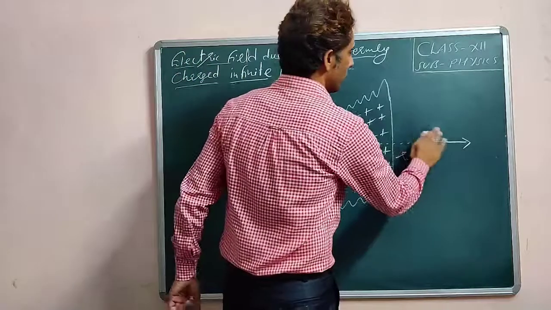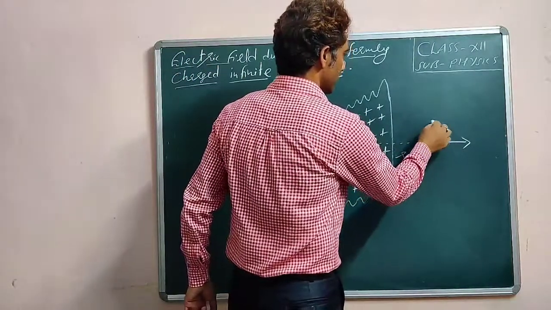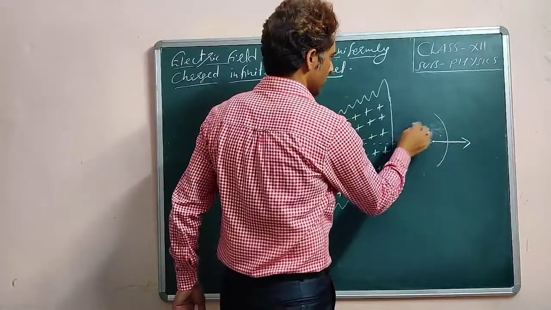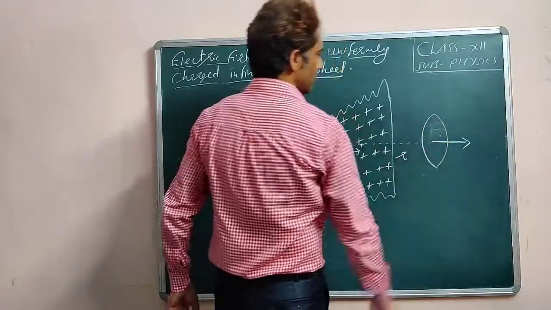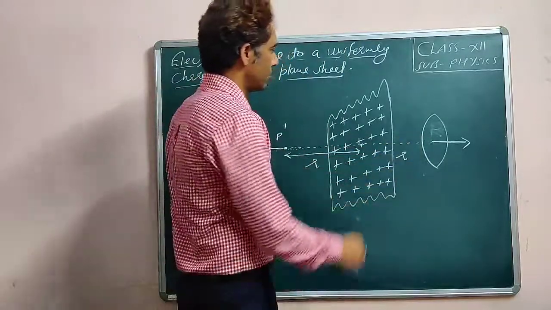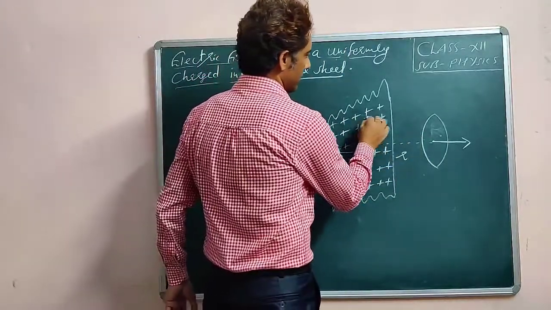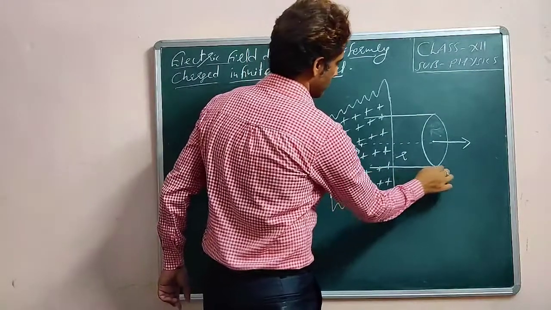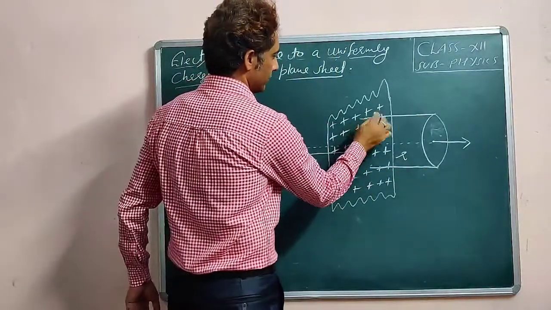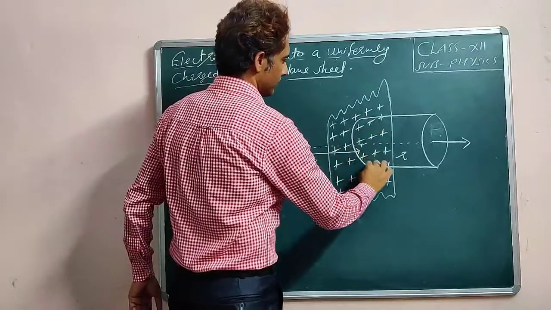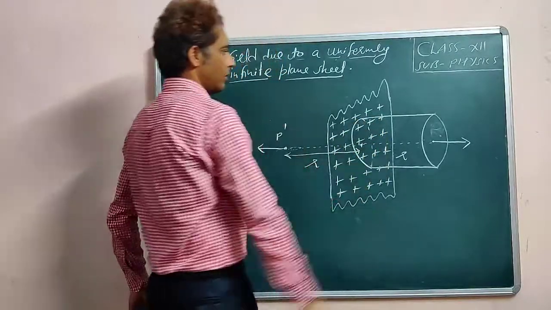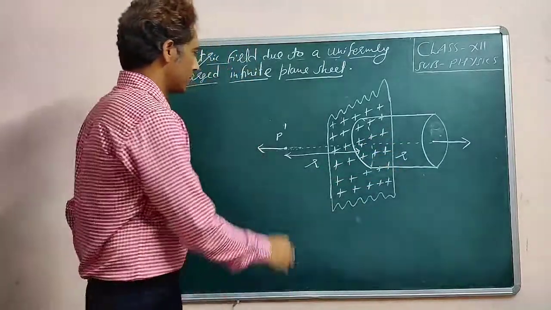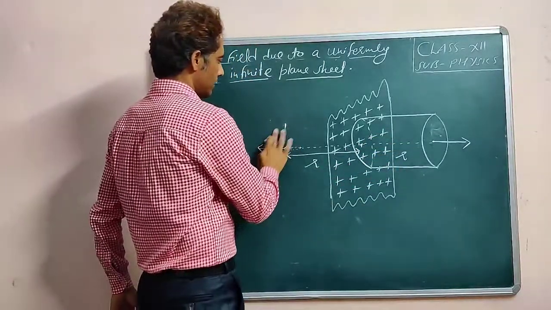So we will draw a Gaussian surface which is a cylinder, because this should be plane. Now Gaussian surface should be closed, so we have to extend this to this point.